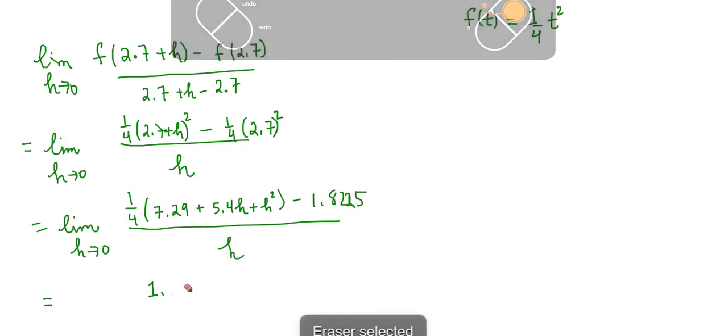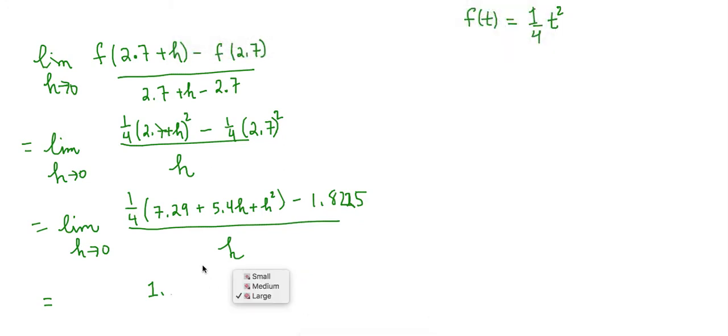Similarly here, this is 1.8225 plus 1/4 times 5.4, which is 1.35h, plus 1/4 h squared.